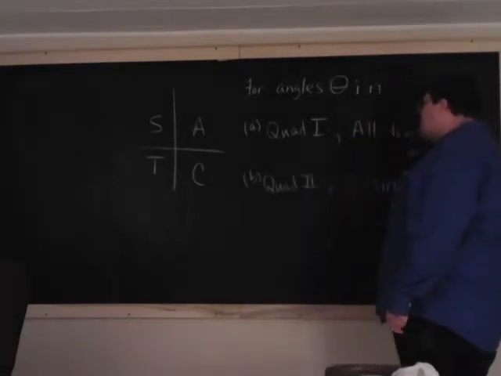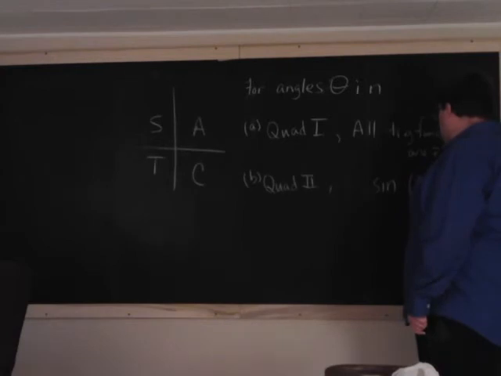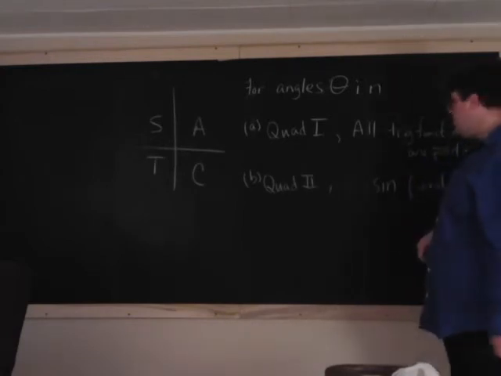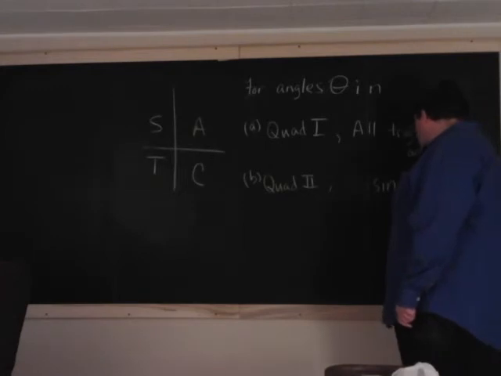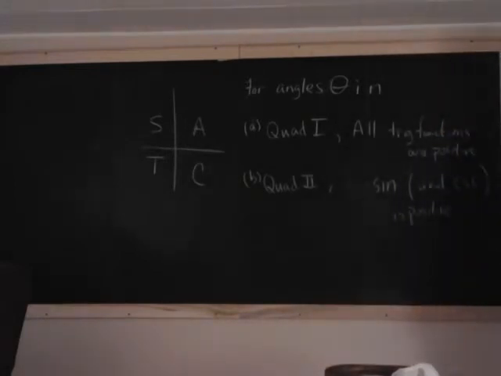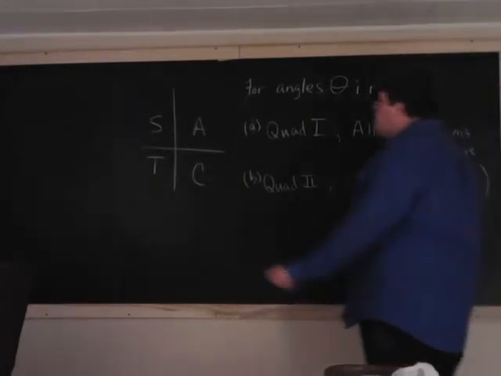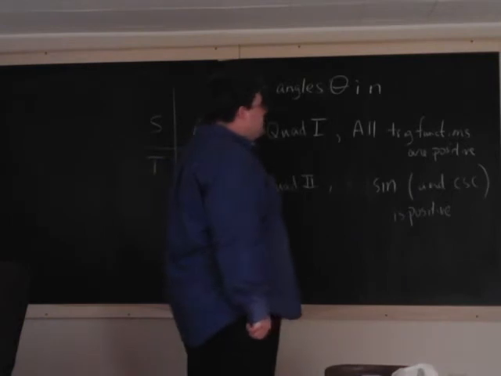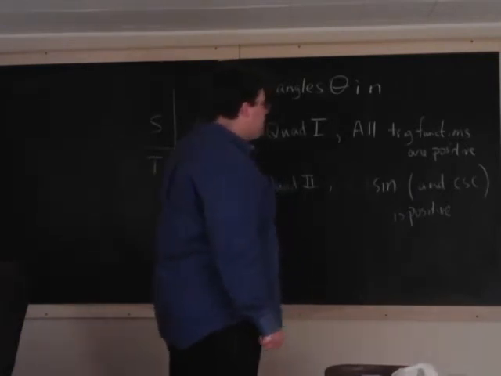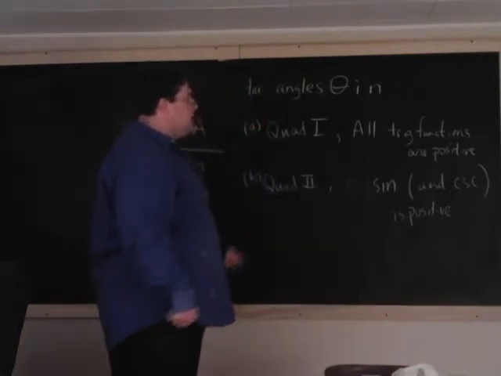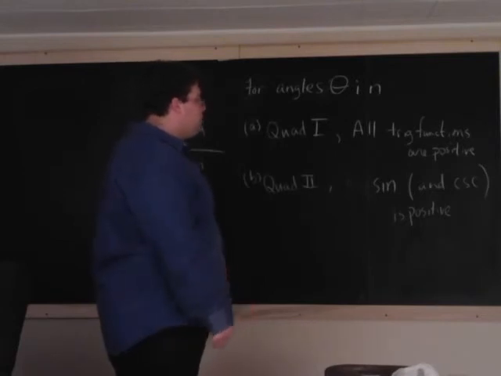If sine is positive, then its reciprocal is positive, and all the others are negative. So if you have an angle in quadrant 2, sine is positive, cosecant is positive, but cosine, tangent, secant, and cotangent are all negative.